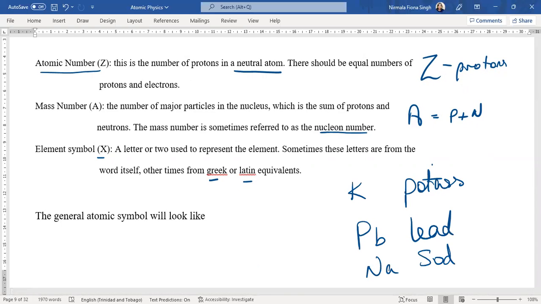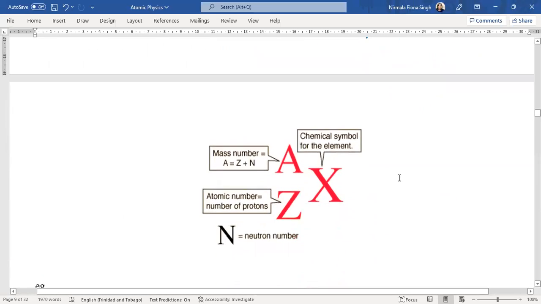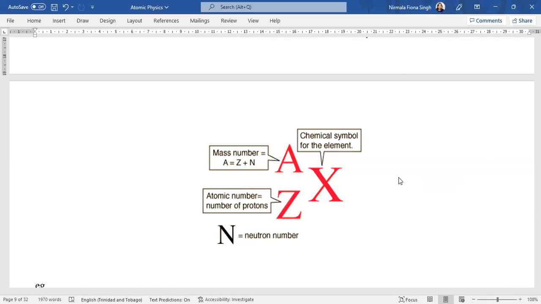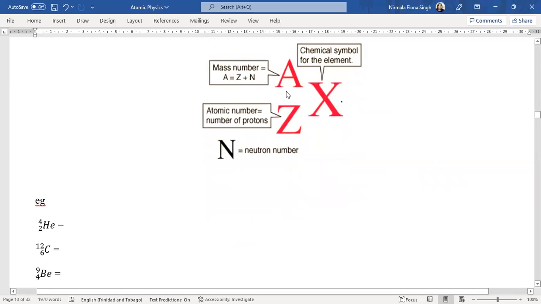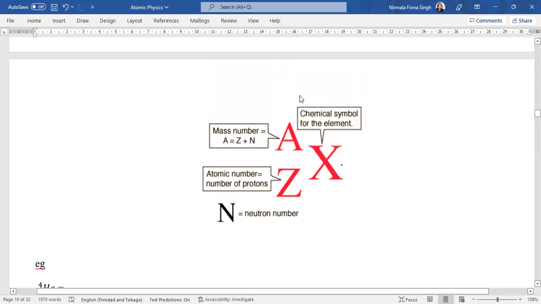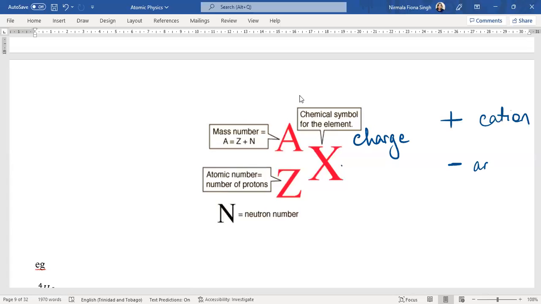So the general atomic symbol will look like X with A and Z, where X is the symbol for your element, A is the mass number or nuclear number, and Z is your number of protons. For neutral elements, you can also add your charge, if you have a positive or negative ion, your cations and anions.